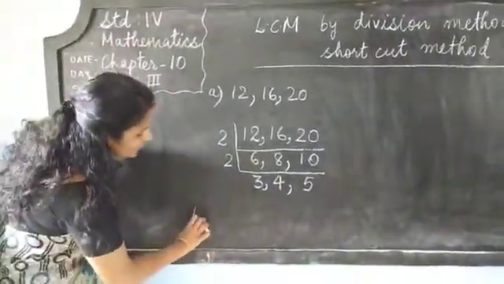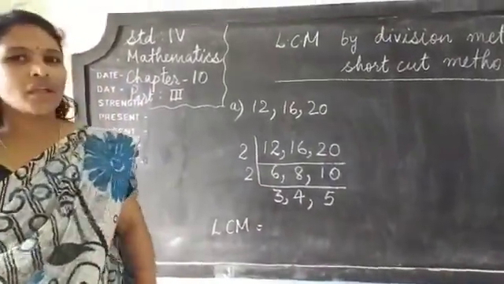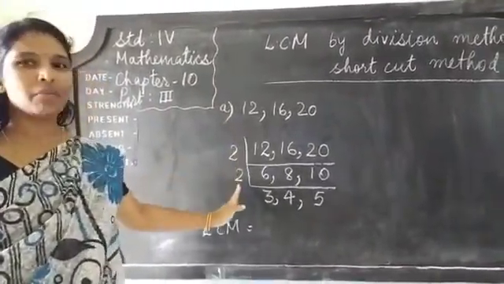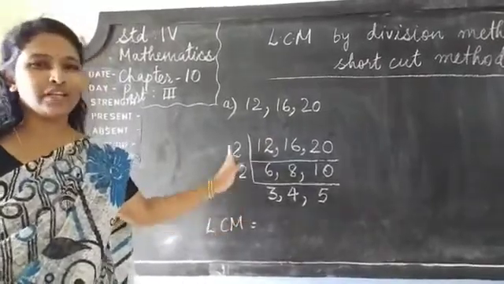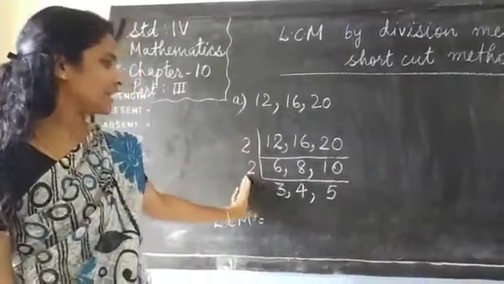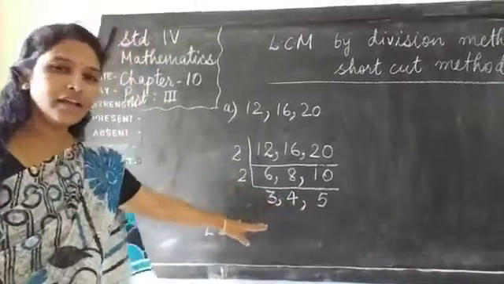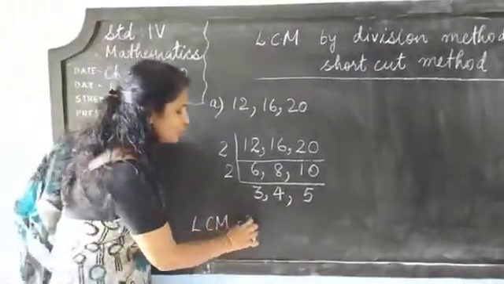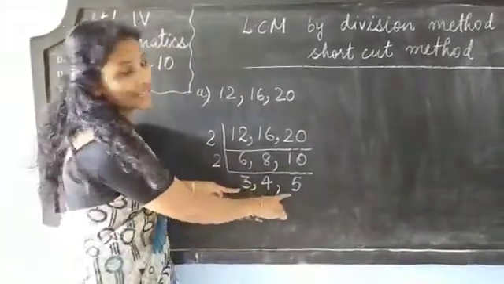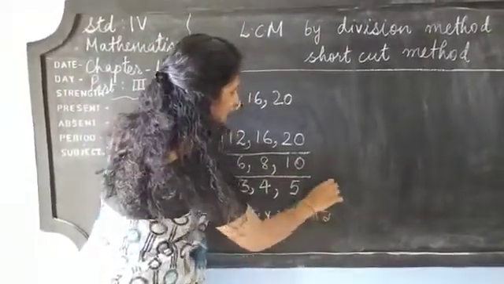Now how can we find its LCM? For finding HCF, what were we doing? We were only multiplying the numbers which are common. But in LCM, what will we do? We will multiply the numbers which are given at the side, and also we will multiply the undivided numbers. That is 2 into 2 into 3 into 4 into 5.